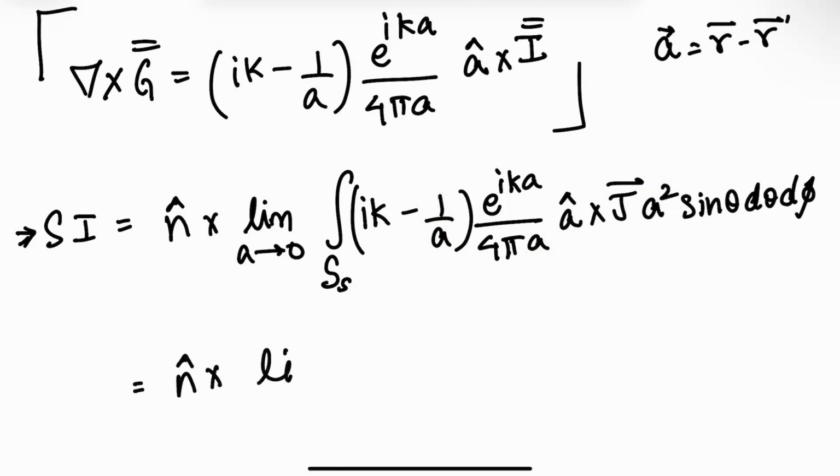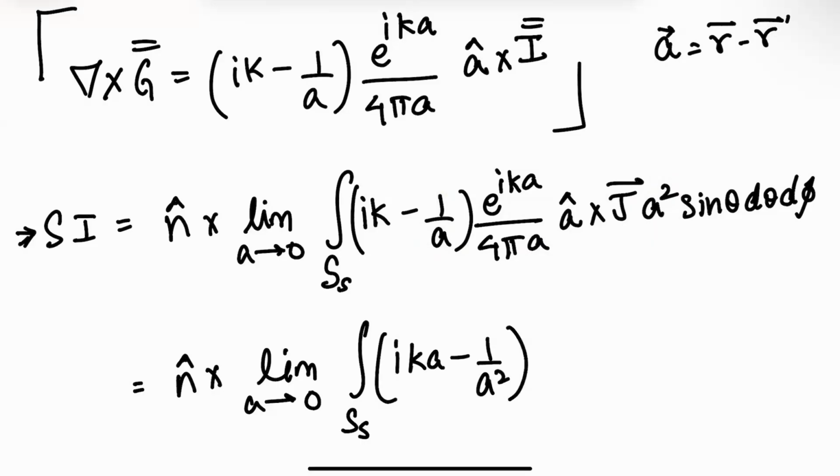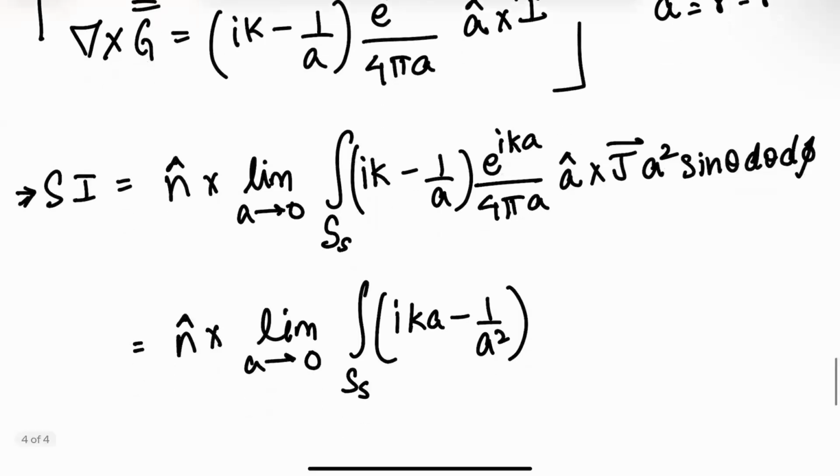N hat cross limit a tends to 0, integral over SS, (ika minus 1) over a square, or rather, multiply the a as well on both sides.